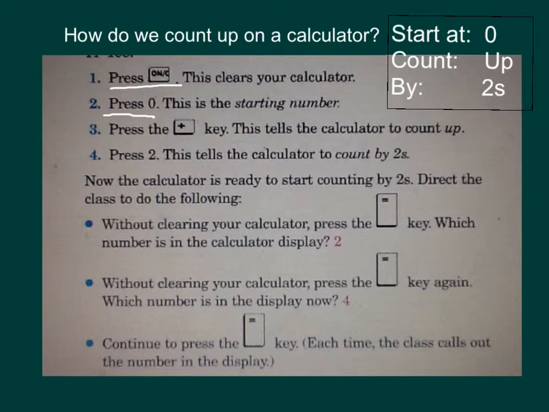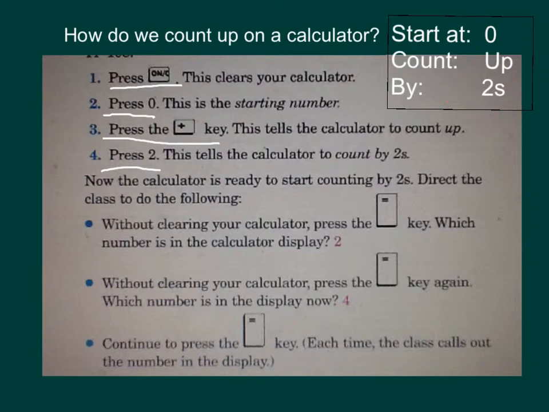Number 3. The next thing we're going to do is press the addition key. This key tells the calculator to count up. Do this now. The next thing we're going to do is step 4. We're going to press the number 2 because we're counting by twos.